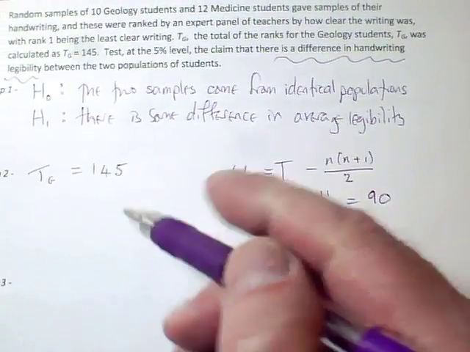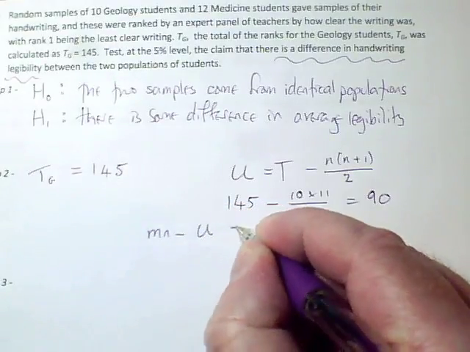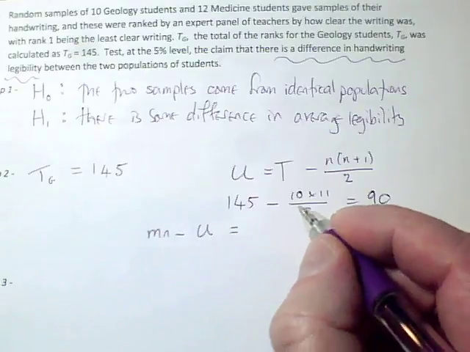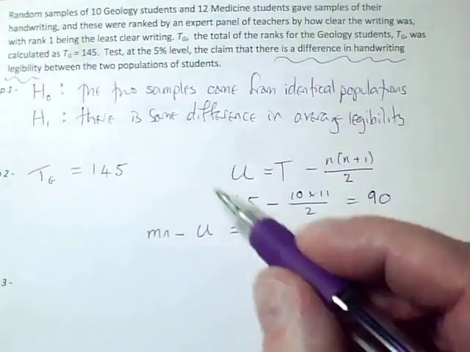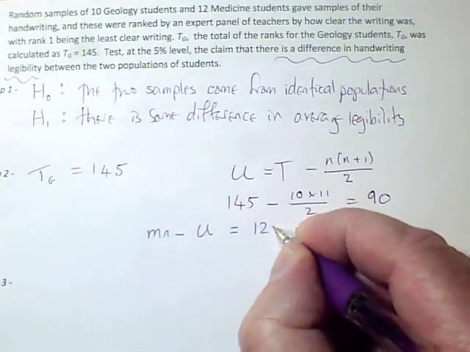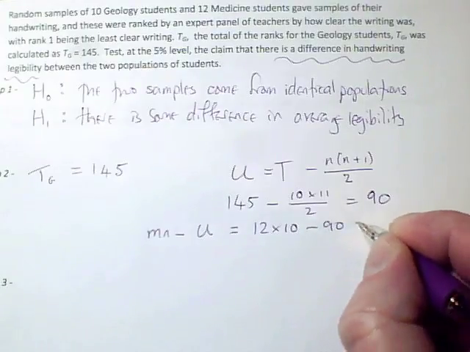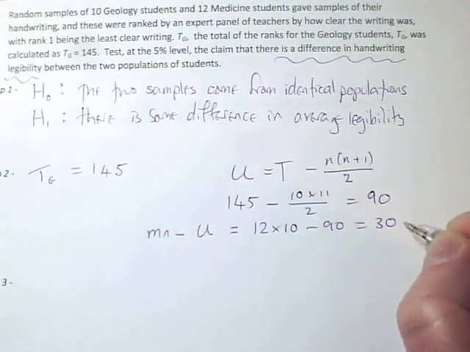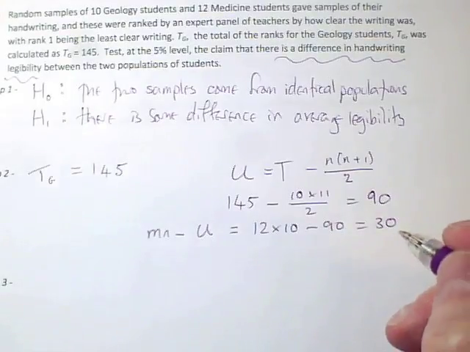The other possible U value is mn minus that first one. n is 10, and m is the size of the other sample, the 12 medicine students. So it's 12 times 10, which is 120, take away 90, which is 30. Of these two, the only one that has a chance of being in the lower tail is the 30.